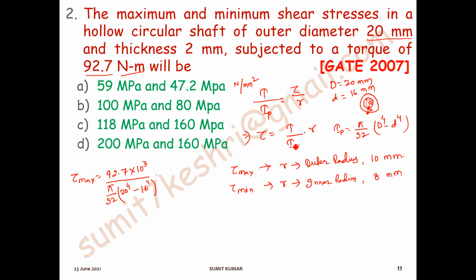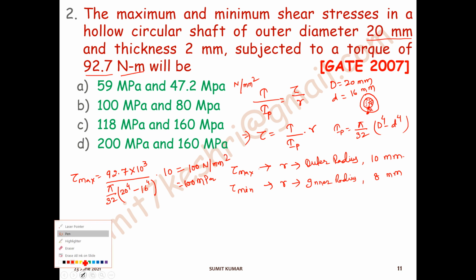The shear stress will be maximum at the extreme fiber, which is at the outer radius, and the value of outer radius is 10 mm. So when you solve this, you will get the value as 100 Newton per millimeter square, that is 100 MPa, 100 megapascal.